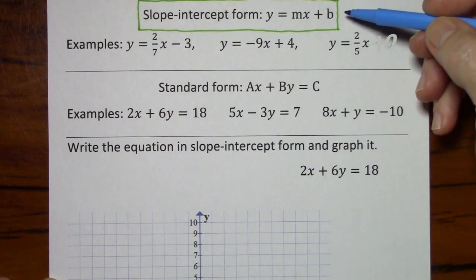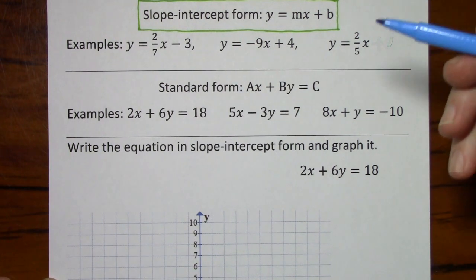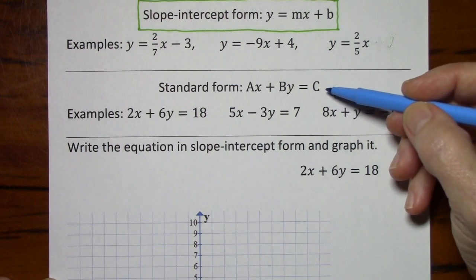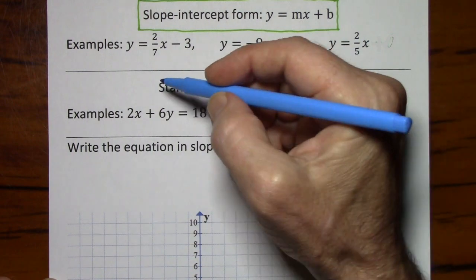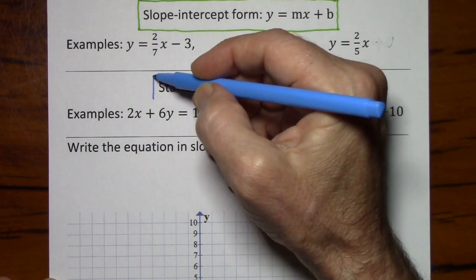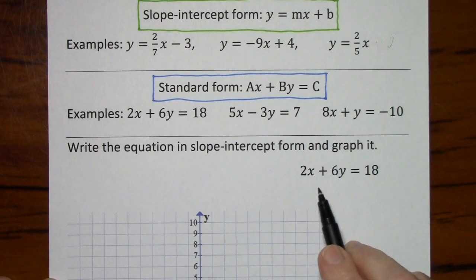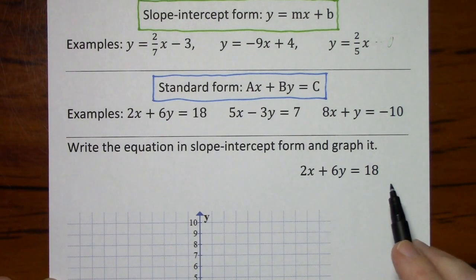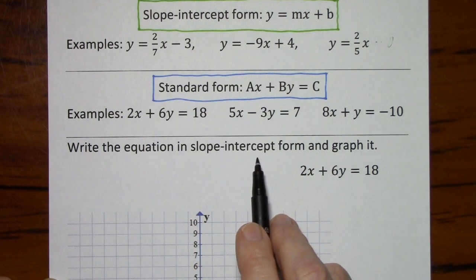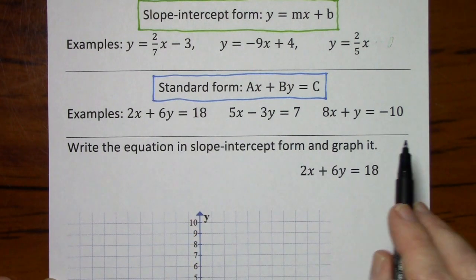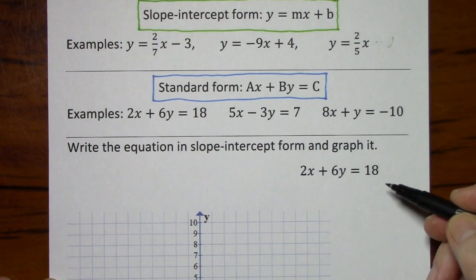So you're expected to basically memorize the slope-intercept form of an equation, and you also should be familiar with, that is, memorize, the standard form of an equation. So I'll put a box around this one as well. Oftentimes you'll be given an equation in standard form, told to write it in slope-intercept form, and then graph it. So we'll do that here.